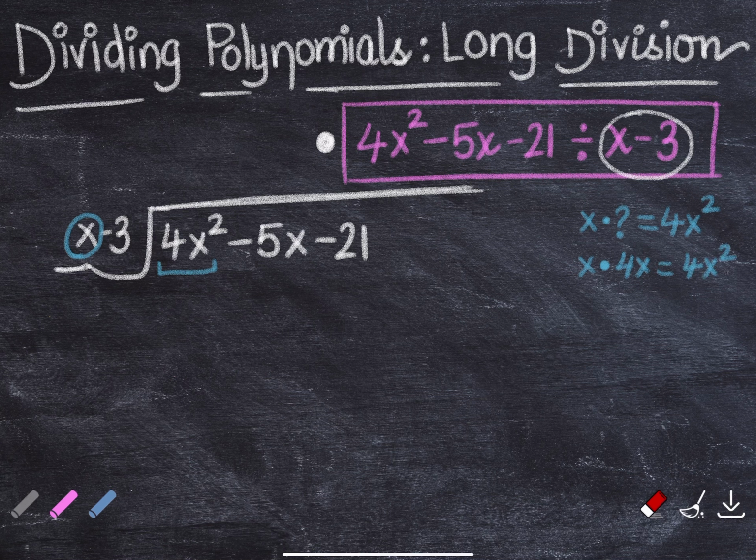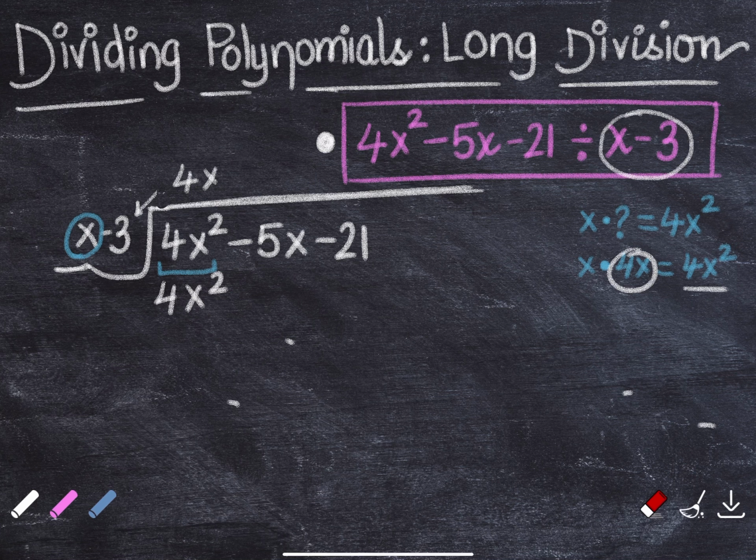So that thing that I multiplied it by, I'm going to use because I'm trying to get a 4x squared. So I have 4x here. I multiplied that by x to get 4x squared. Now, whatever value I have here, I need to multiply that value by this negative 3 also.